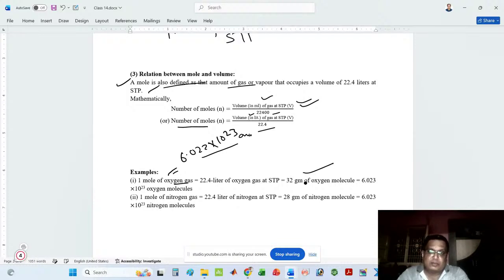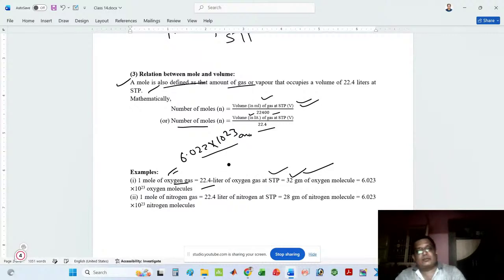Gram molecular mass of oxygen is 32. That is 32 gram. In volume, the gas is present at STP, so the volume of 1 mole of oxygen gas must be 22.4 liter at STP condition.